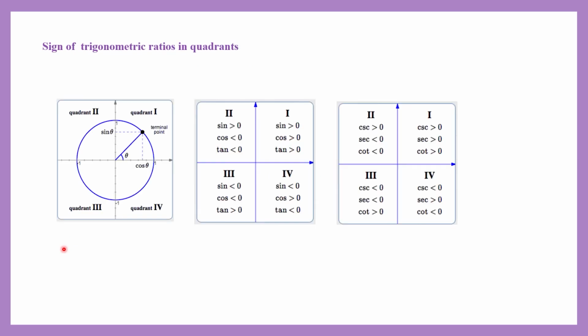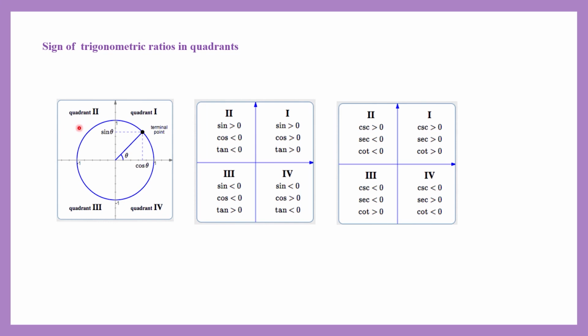Sign of trigonometric ratios in quadrants. If the terminal side of any angle lies in the first quadrant, the sign of all of the trigonometric ratios of that angle will be positive. If the terminal side of any angle lies in the second quadrant, just sine and its reciprocal, which is cosecant, will be positive.